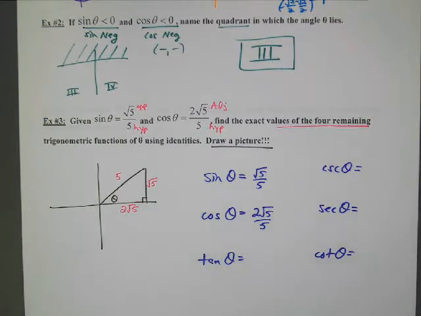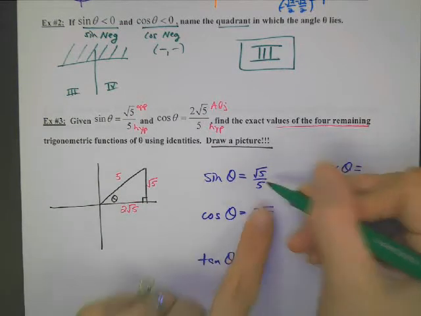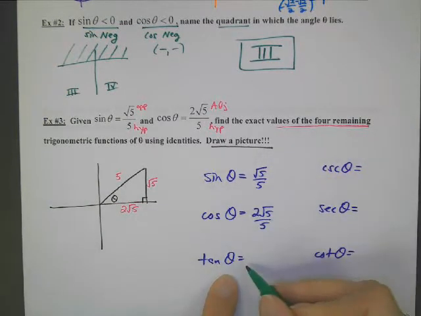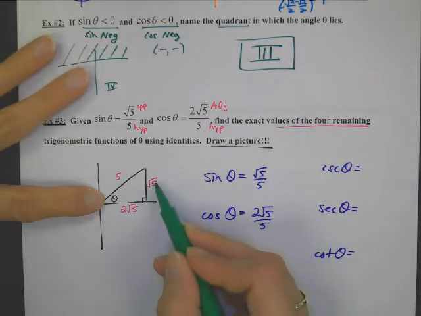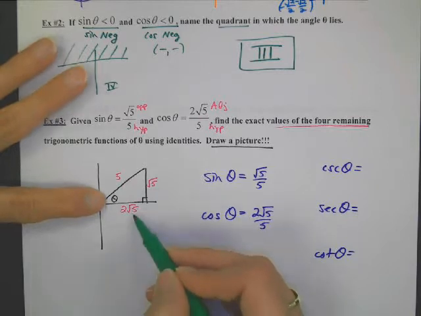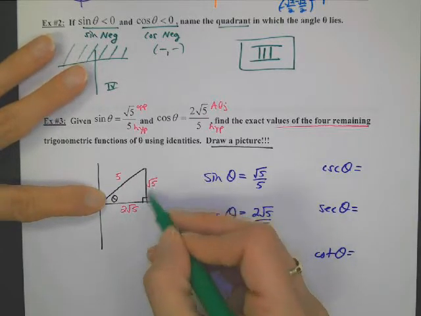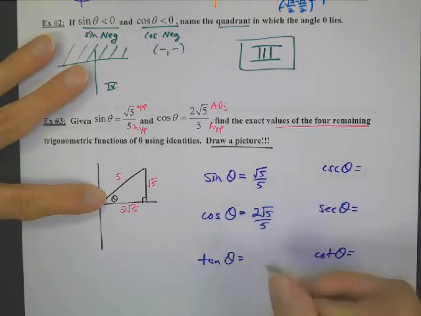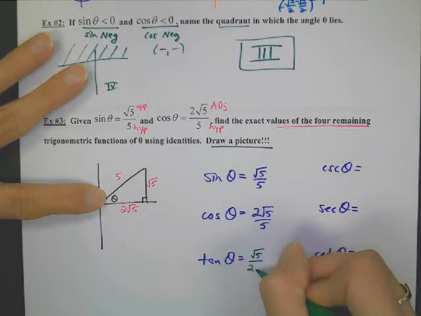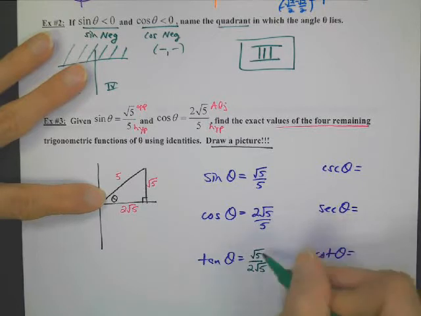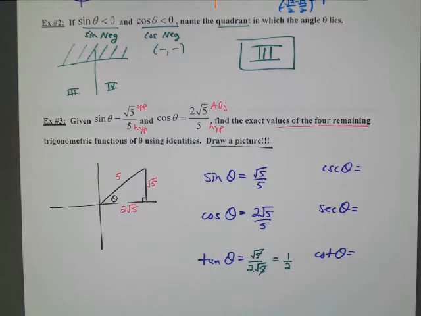There's a couple of ways you can do this. You could take sine divided by cosine to get tangent. Some people like to just look at the picture and do opposite over adjacent. Either way, it's going to be the same. So radical 5 over 2 radical 5. The radical 5s cancel, and we get 1 over 2. Make sure the 2 stays in the bottom.